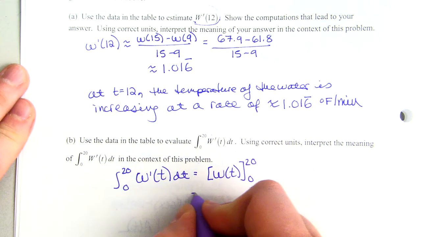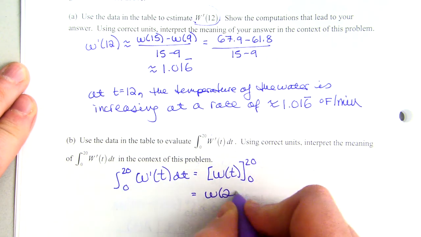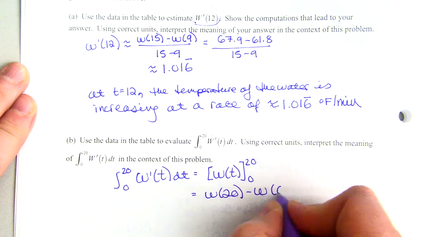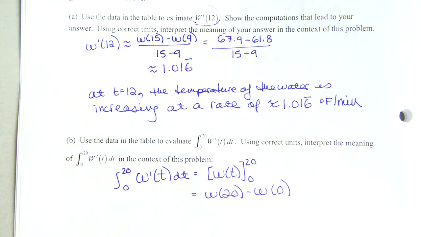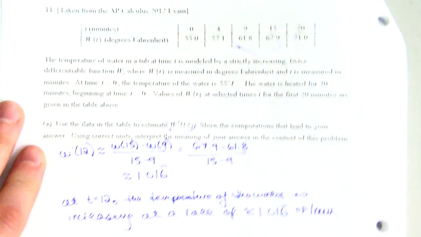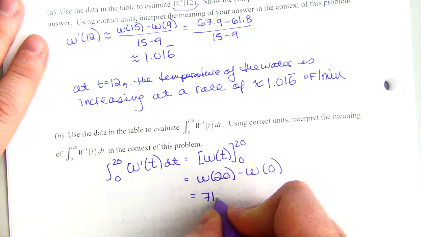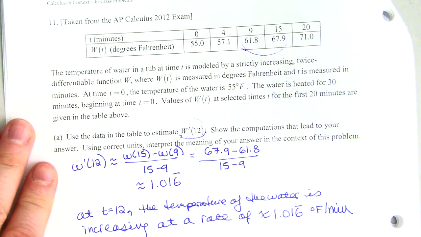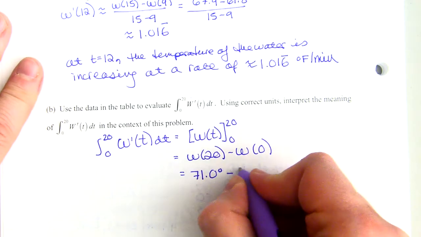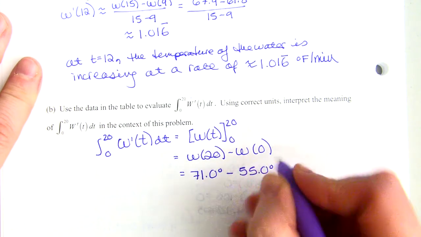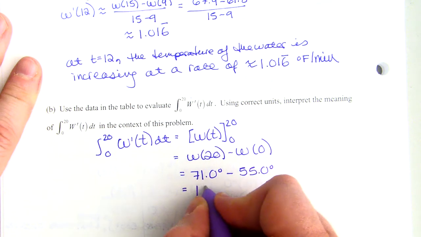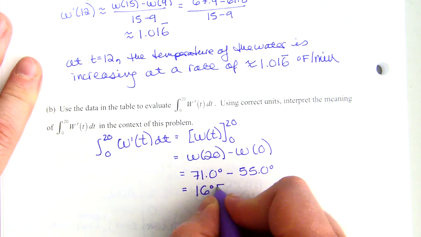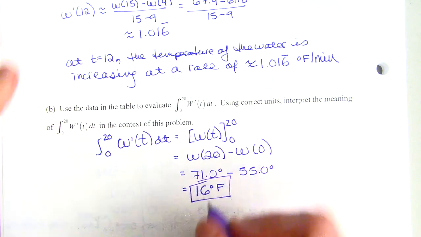Okay, well, that's going to be w of 20 minus w of 0. I think w of 20 is 71. I think w of 0 is 55. Subtract those, and you're going to get 16 degrees Fahrenheit.